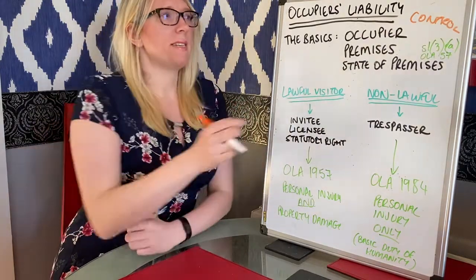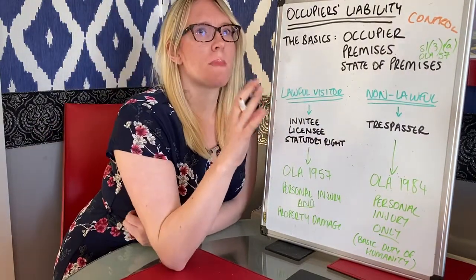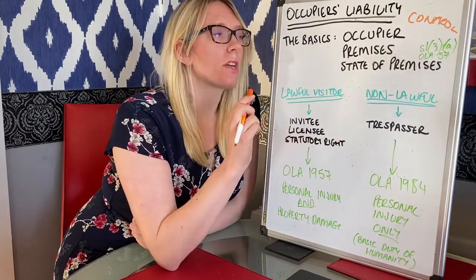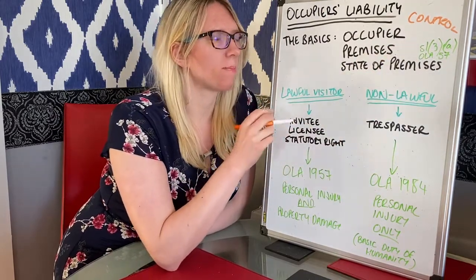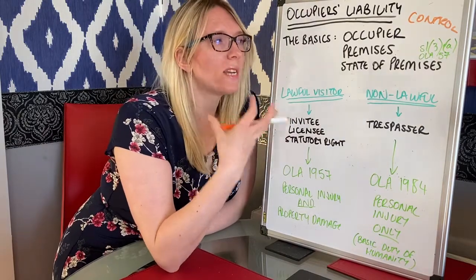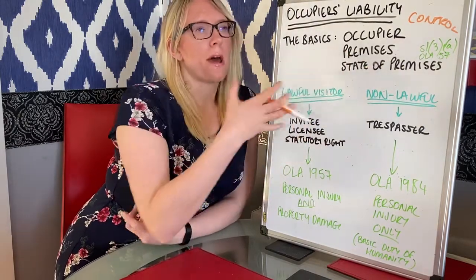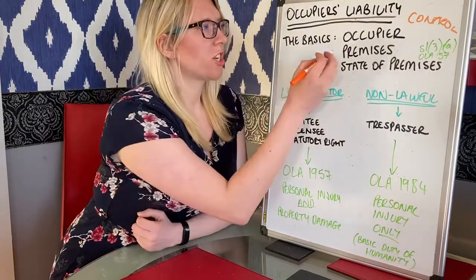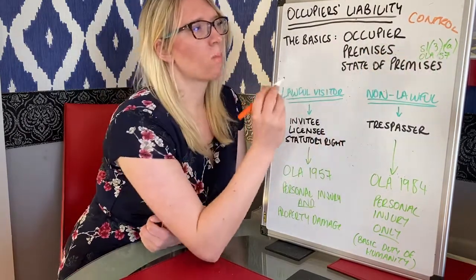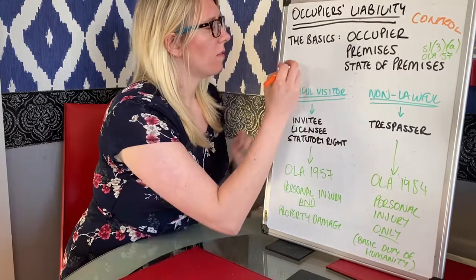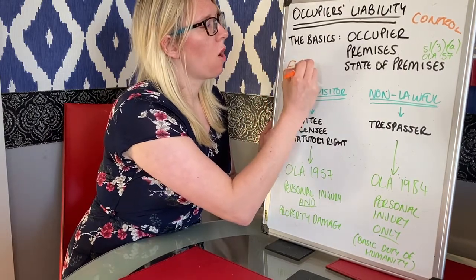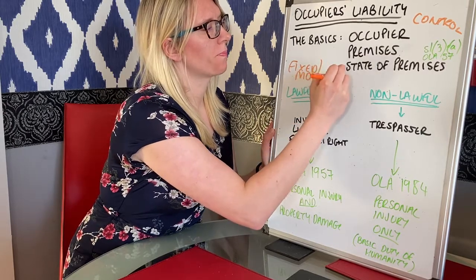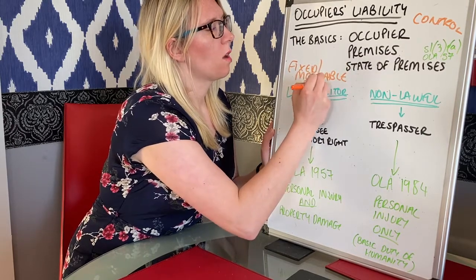Now, premises, everybody seems to remember in the exam the definition that's under section 138 of the Occupiers' Liability Act 1957. They didn't actually go into detail of what premises are, but they did kind of give some direction. So if you remember, section 138 talks about any fixed or movable structure, which is fine.